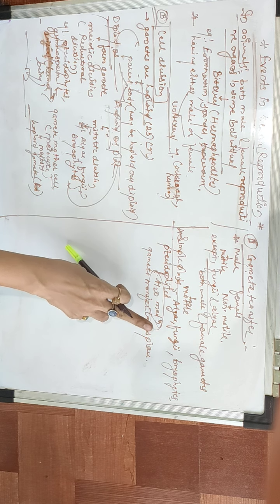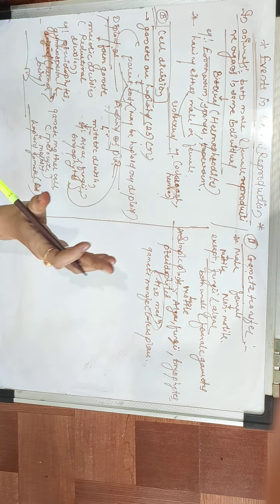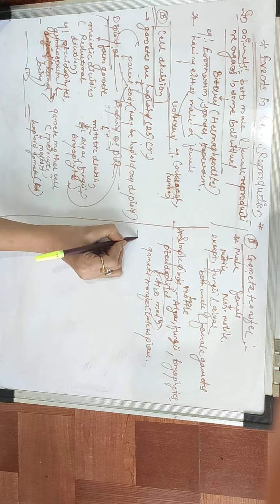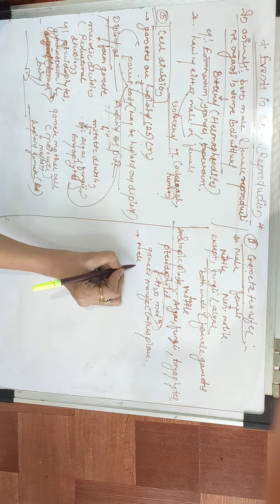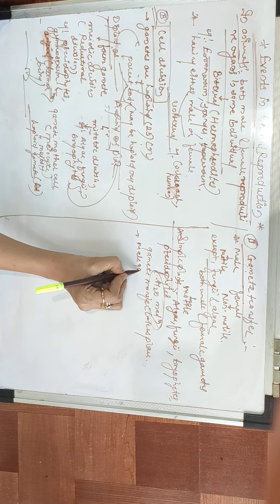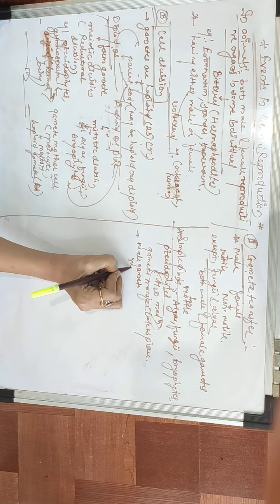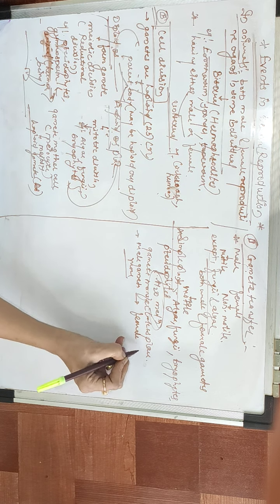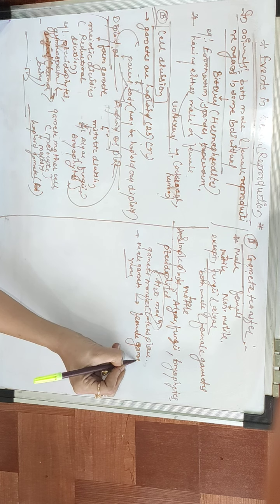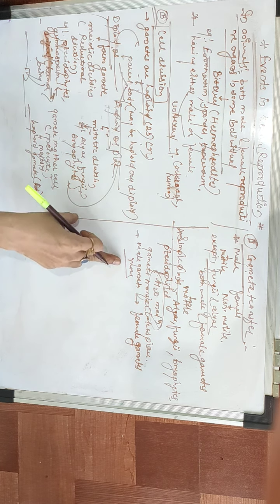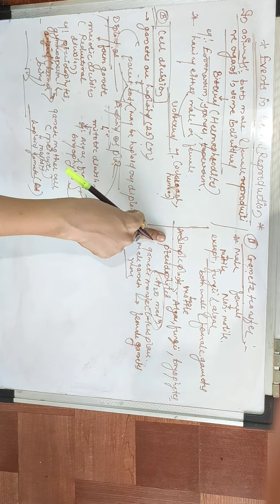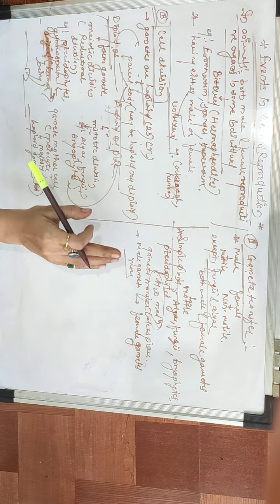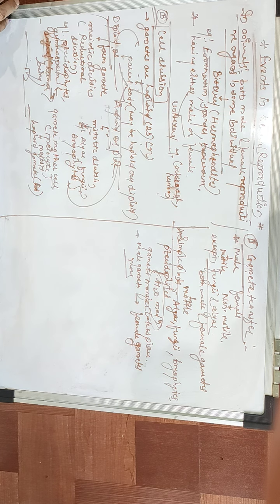bryophytes and pteridophytes. Here the number of male gametes is much more than the number of female gametes. In the case of simple plants, the number of male gametes is much more as compared to the female gametes.